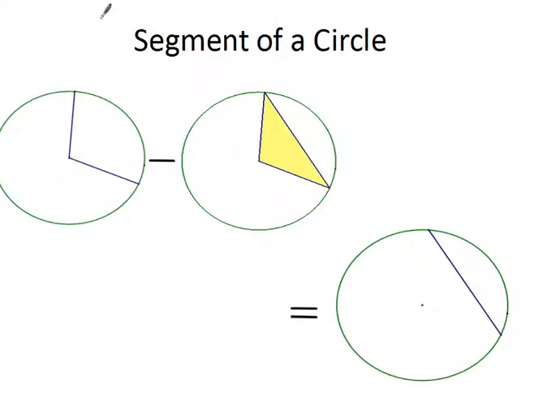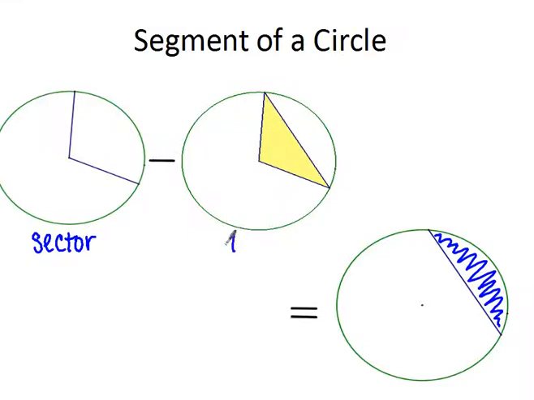Alright, now we're going to add to this just a little bit. So before, we were just doing the area of the pizza slice over here. But how many of you have those friends who cut off the crust off their pizza? So now we're going to find the area of the crust that they cut off. Okay? So to do this, you take the area of the sector, so of the pizza slice, minus the area of the triangle.